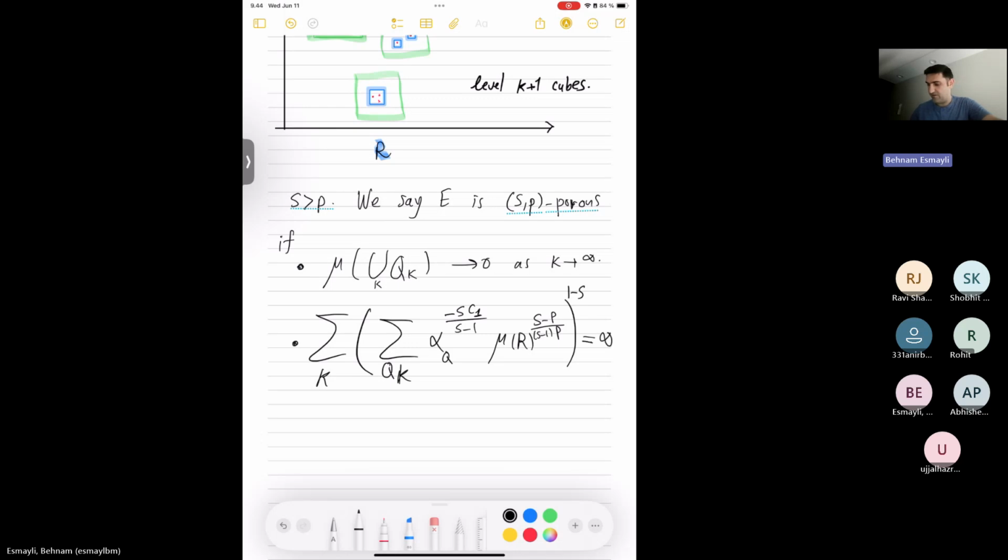And you want this to diverge. You want this to be infinity. So this is, of course, a backward thing. So you prove your theorem, and then from the proof, you recover what is needed for all your calculations to go through, right? So these two, if they hold, we say that the set is SP porous.